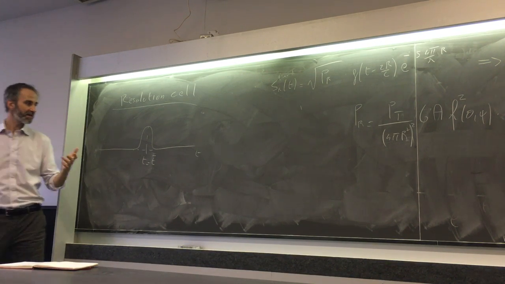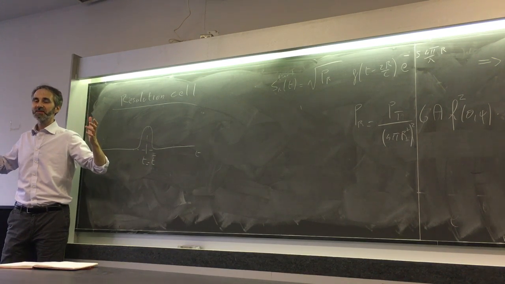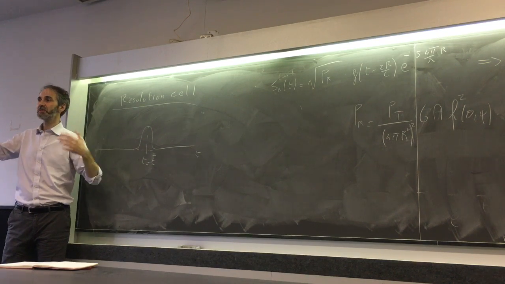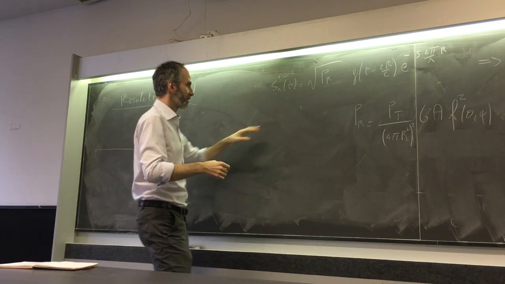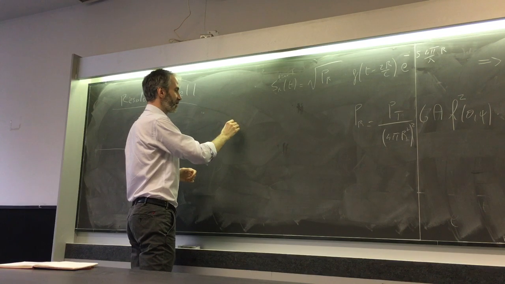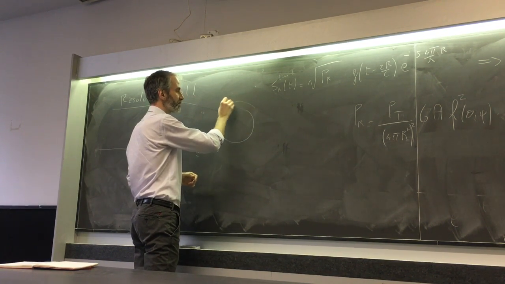And the resolution cell corresponds in the 3D space to the region of space which is at the same distance from the radar. So for example, now in 3D, just imagine two concentric spheres. This is 1 and this is 2.